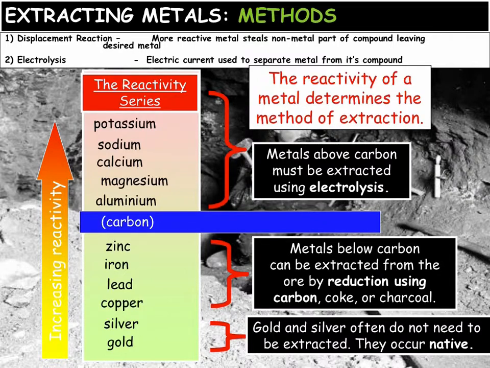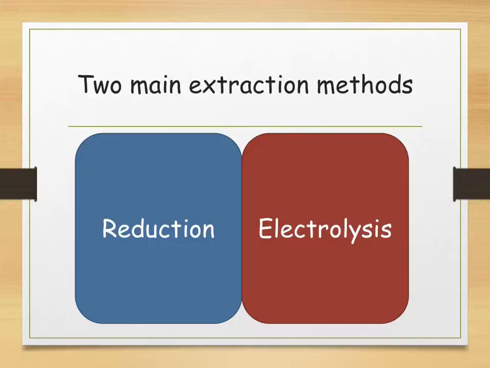These include copper and iron. Any metal above carbon has to be extracted using electrolysis. We will look at electrolysis further in an additional tutorial video. This means that the two main extraction methods are reduction and electrolysis. Reduction we will look at in this tutorial video, electrolysis we will look at in another tutorial video.